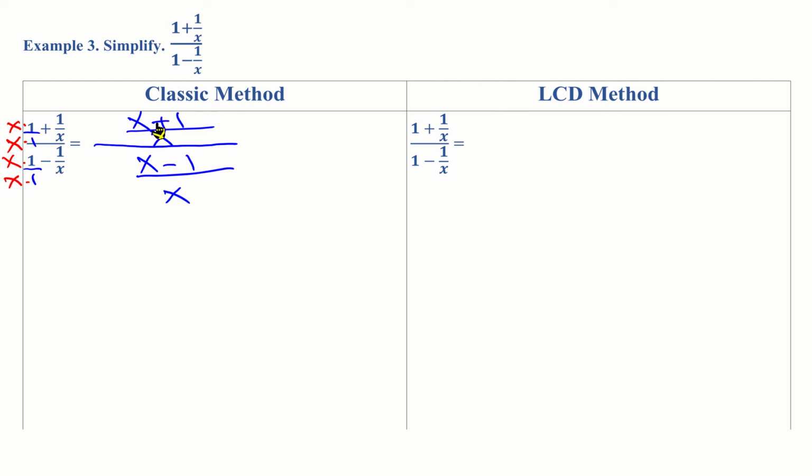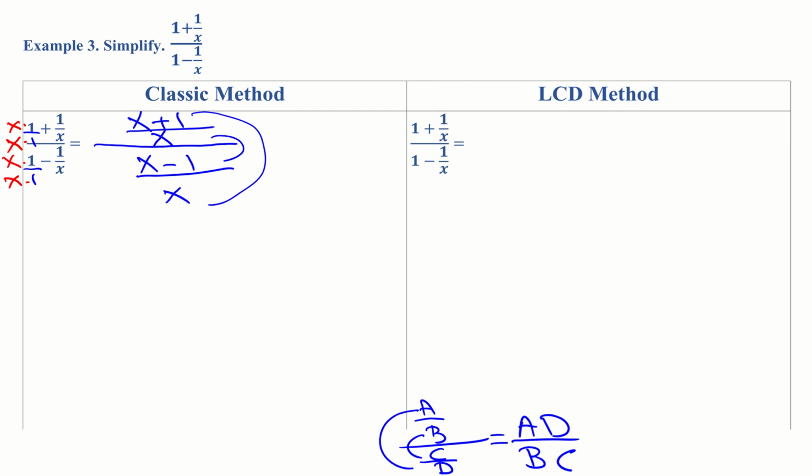Now we notice we have reached a place where we have just one fraction over one fraction. So we can use our a over b over c over d trick. Remember? Outer product over inner product. So we get AD over BC. So we get this product over this product.